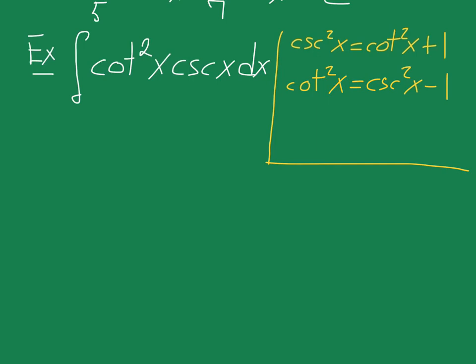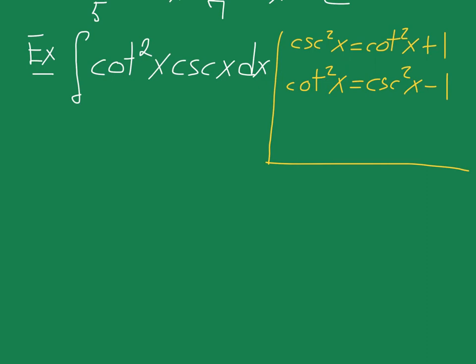And, well, as with the secant and tan situation, what we do is we try to introduce some more cosecant x. So we want to see cosecant x show up a little more so that we might be able to try something else. Well, we can do that by rewriting cotan squared x in terms of cosecant squared x using this identity here. So that's our first step.